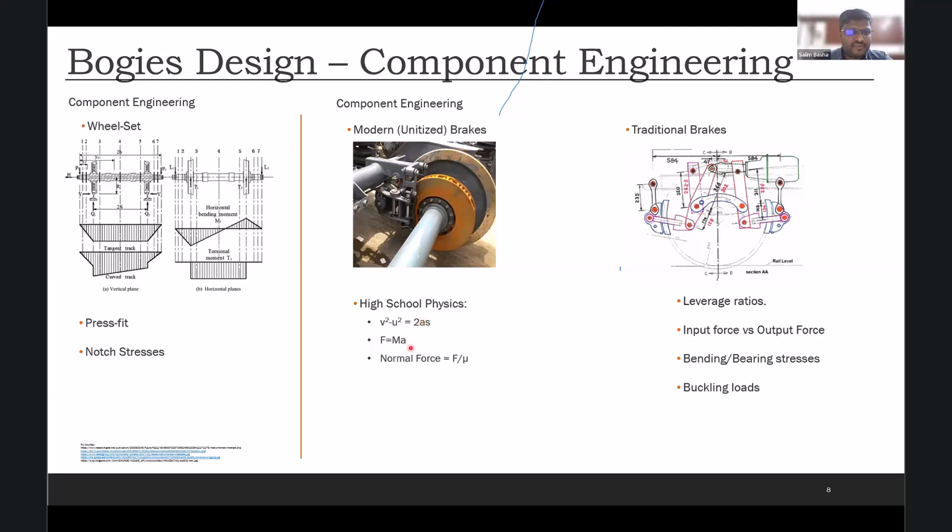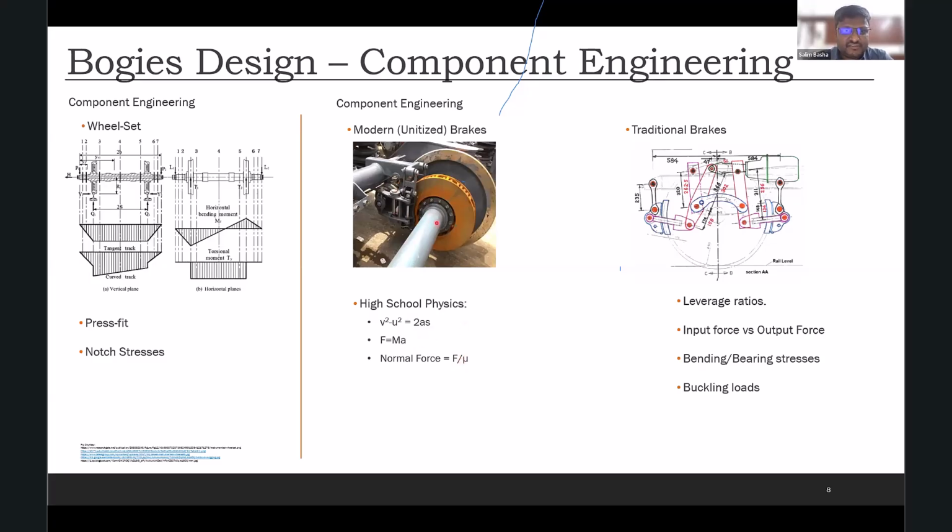So we know F is equal to ma, and we know the mass of the train. So I will calculate the force that I need to apply, the decelerating force needed to decelerate that mass. So I calculate my force, and that's my decelerating force. Then the normal force, the clamping force that I need to put on my brake, is calculated based on the friction coefficient.